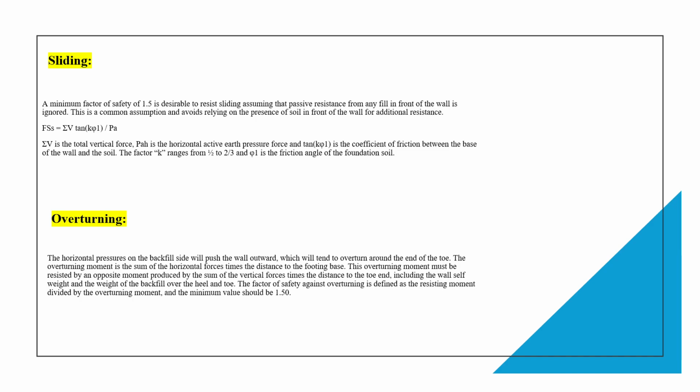This overturning moment must be resisted by an opposite moment produced by the sum of the vertical forces times the distance to the toe end, including the wall self-weight and the weight of the backfill over the heel and toe. The factor of safety against overturning is defined as the restraining moment divided by the overturning moment, and the minimum value should be 1.5.